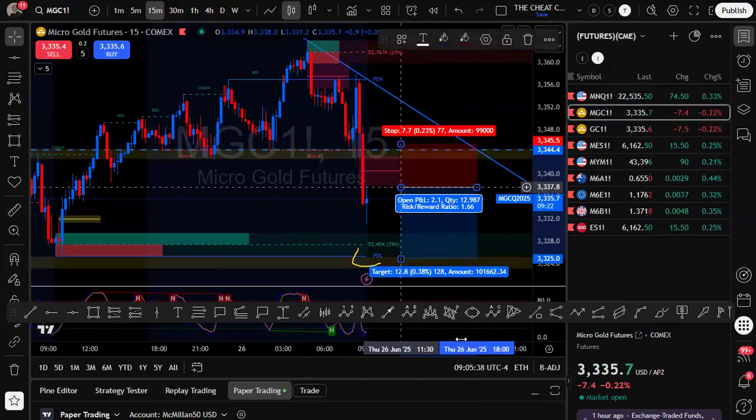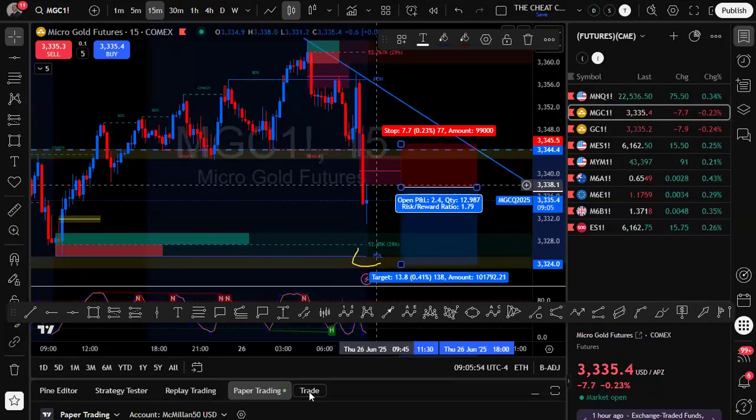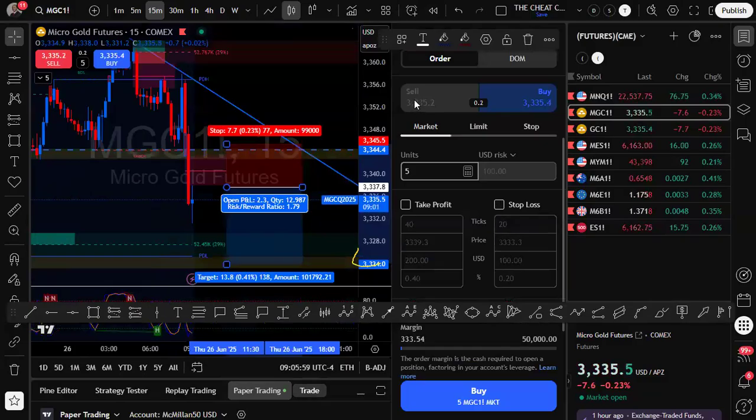For the sake of time, I'm going to go ahead and initiate a trade and see if we can catch it all the way down to here. It might pull back to this area and then come down, and it might continue down. So I want to do 5 micros and do a sell.